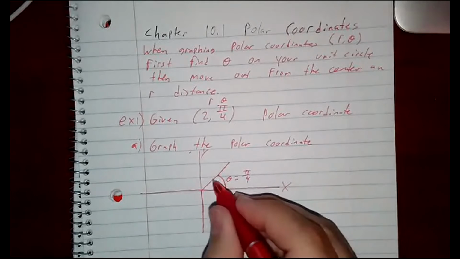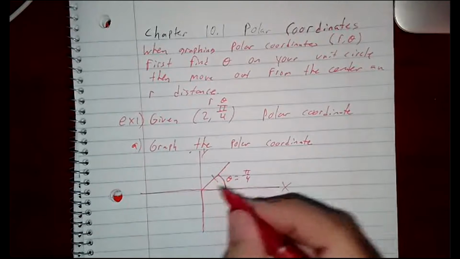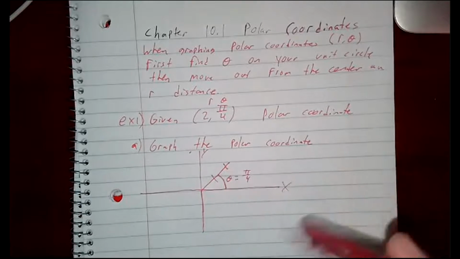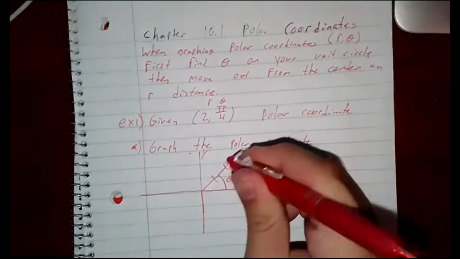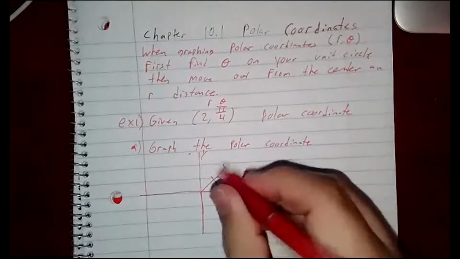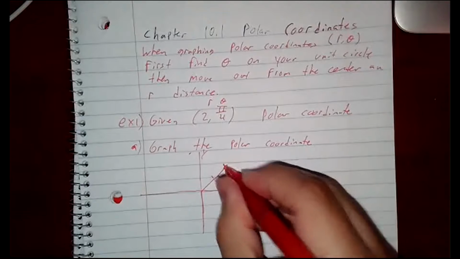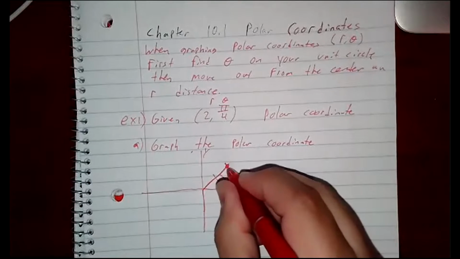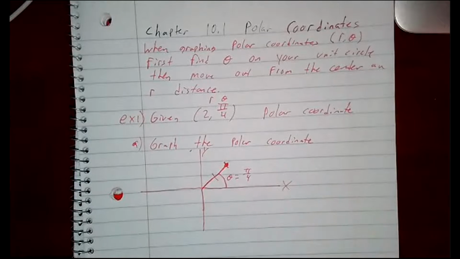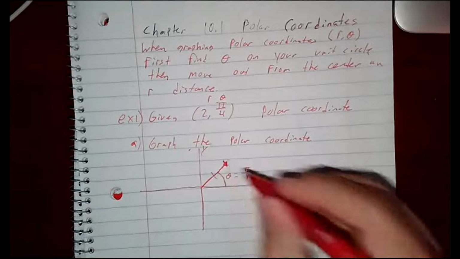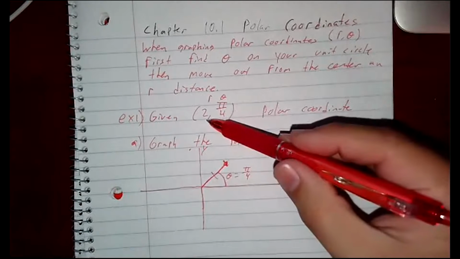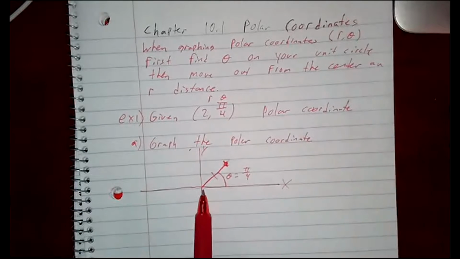And we're going to go out 1, 2. So 2 units out. So this would be my graph here. Okay, does that make sense? You go to that angle and then you go out 2. If it was negative 2, well, you'd go to this angle, but then you'd go out this direction.